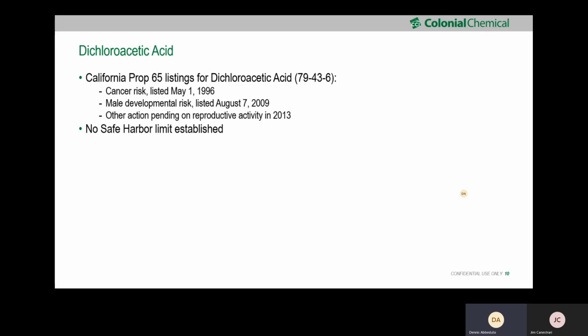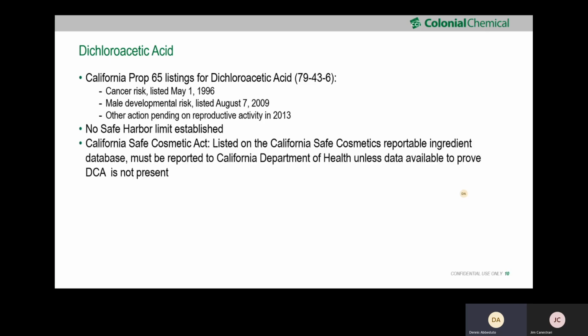So by the letter of the law for this California Prop 65, the producer of a product, end use product, would either have to establish that there is no dichloroacetic acid detectable in the product, or would have to have some rationale for not listing it as a potential carcinogen.